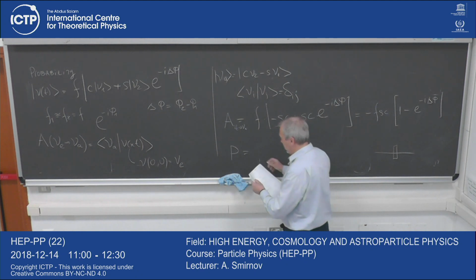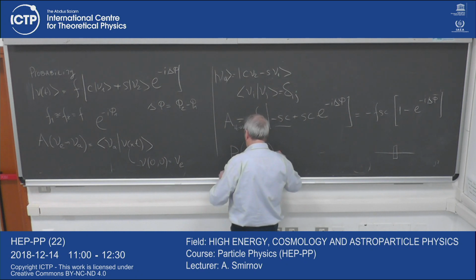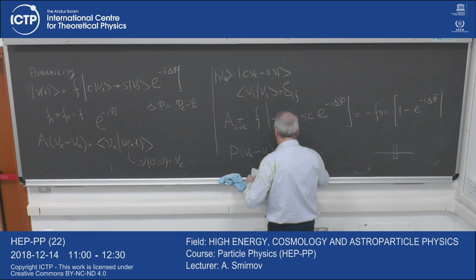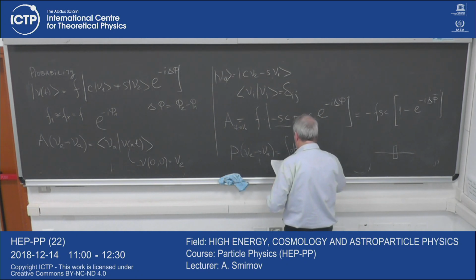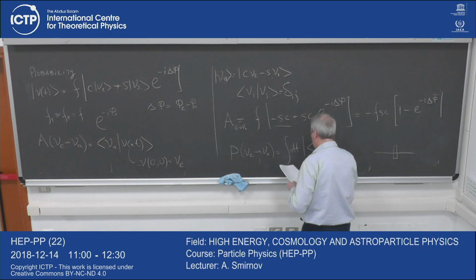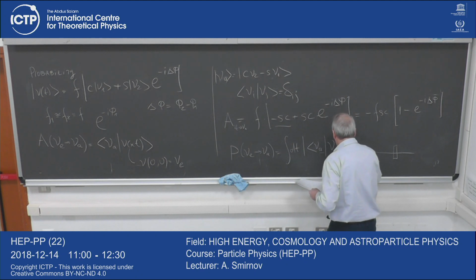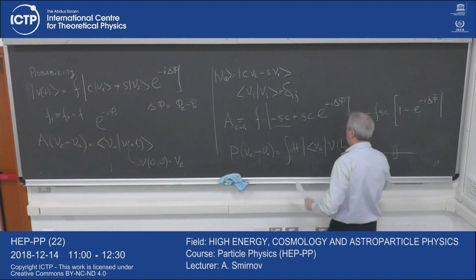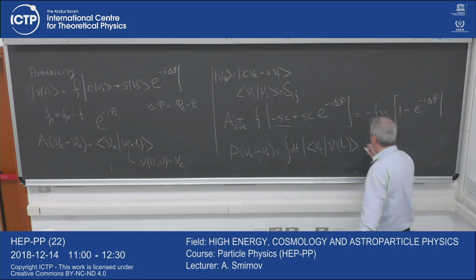So which means that the probability of transition of nu e going to nu a is given by the integral over dt, and I need to use this matrix element, nu a, at L. So my detector is at the distance L from the source, modulus squared.